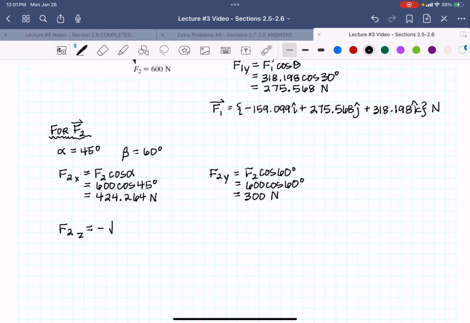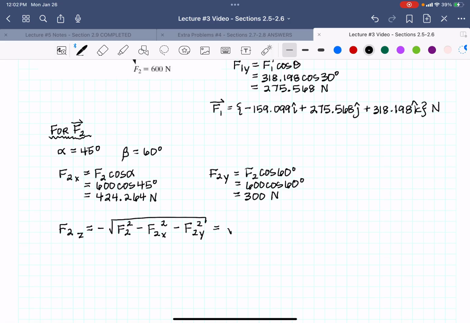Negative square root of F2 squared minus F2x squared minus F2y squared.